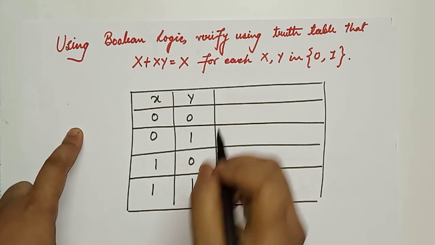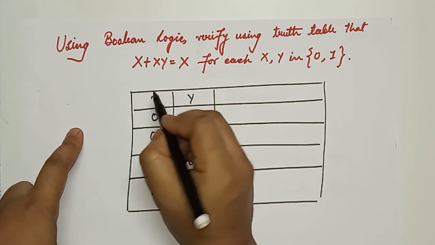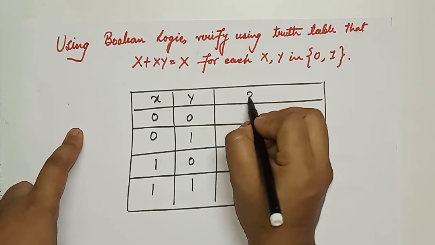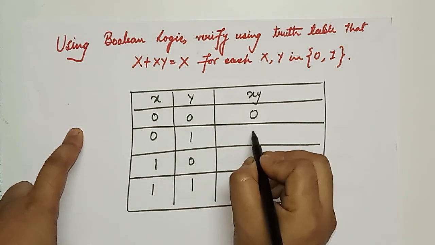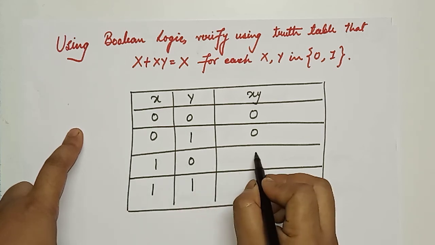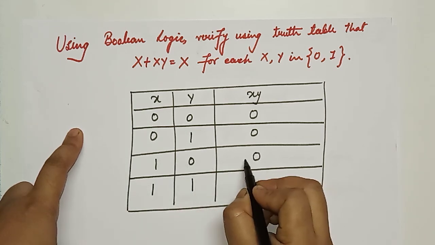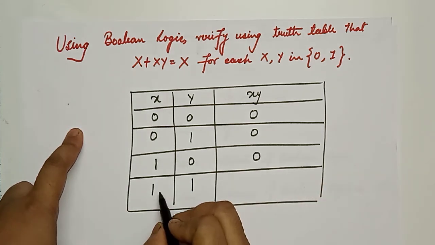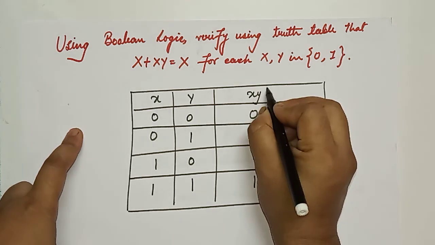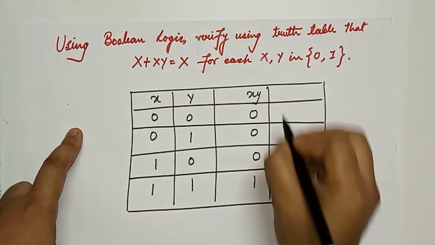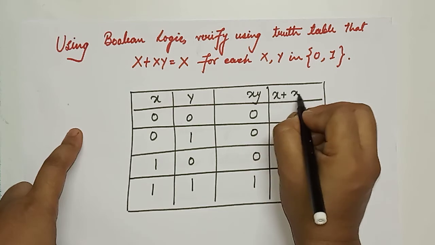So next we have to see X is there. We have to find out what X Y. Okay, so 0 0 0, 0 1 0, 1 0 0, and 1 1, it is 1. Next what we need to find, X plus XY.